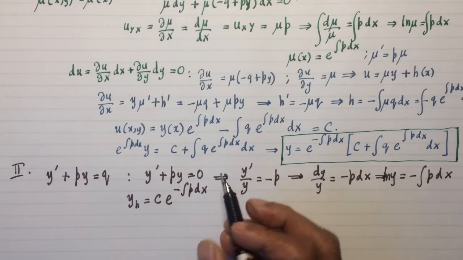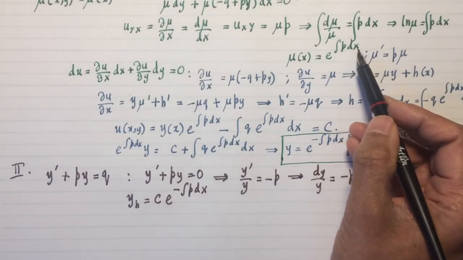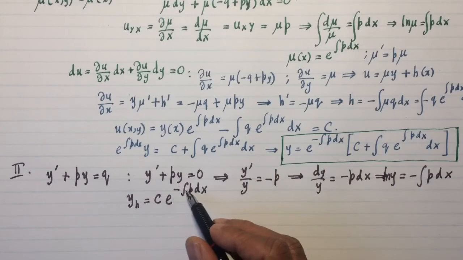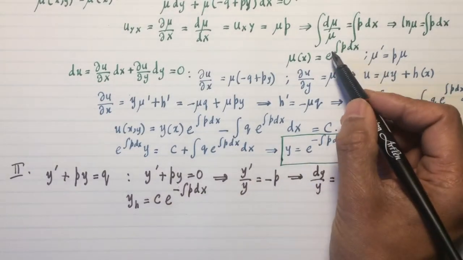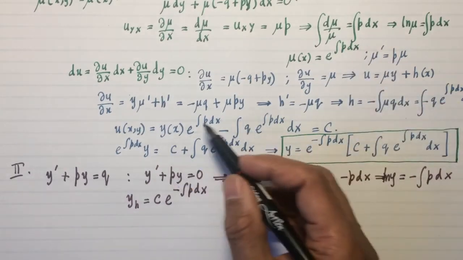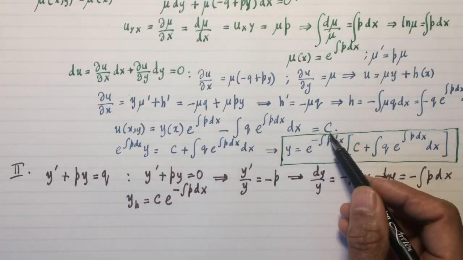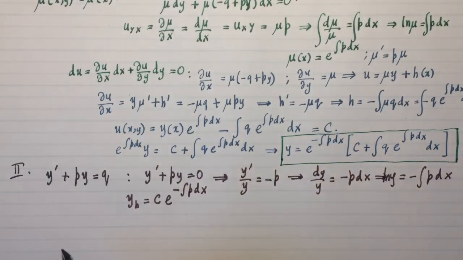You see the kinship between these two methods. You have the integrating factor in that case, which is e to the integral of p dx, whereas here you have e to the negative integral of p dx times some constant c. There we never bothered to put the constant c because we knew that we were going to have all these other constants coming in anyway at the end due to the exactness of this potential function. Here you do have to explicitly put the constant c in.